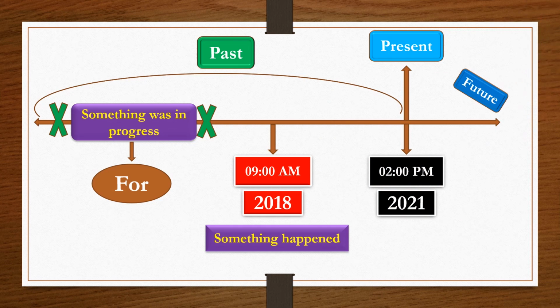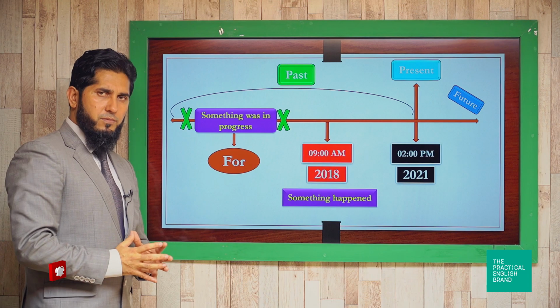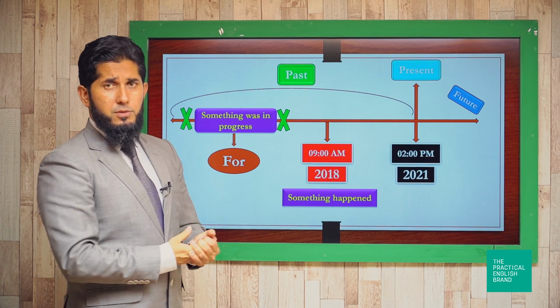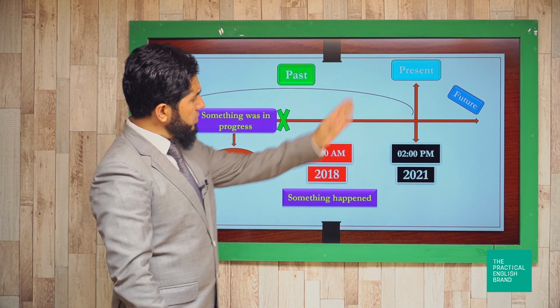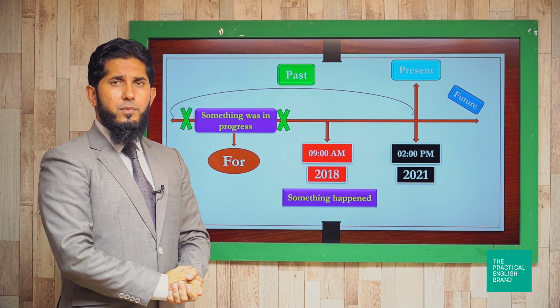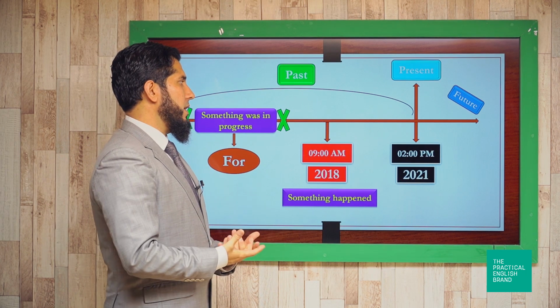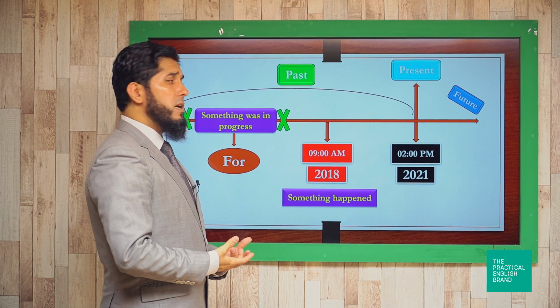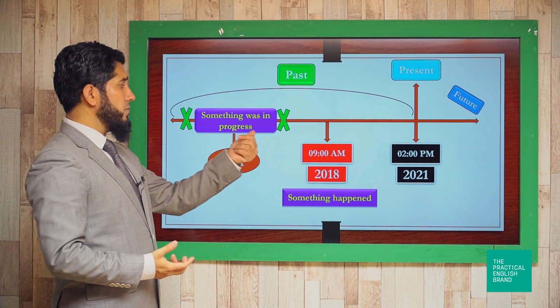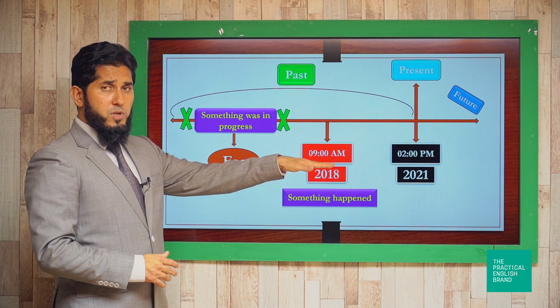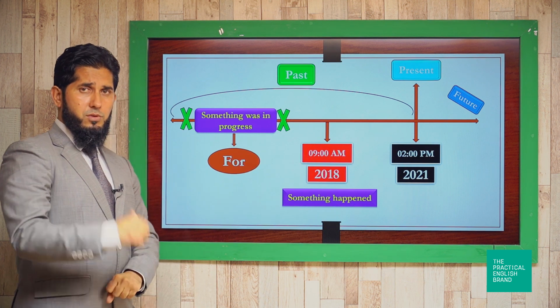Here, I'm going to explain the general conception of using past perfect progressive tense through this diagram. Look, now this is the present time, 2 p.m. or the year is 2021. The idea is that we talk about the duration of something that was in progress from some time up to another time in the past, before a specific time or before another action in the past.